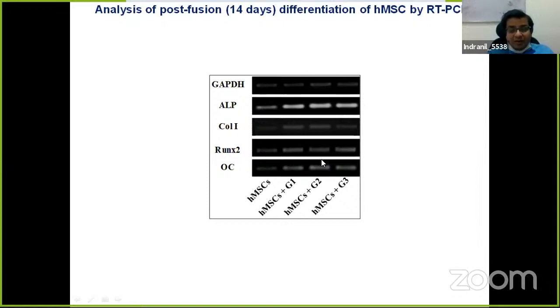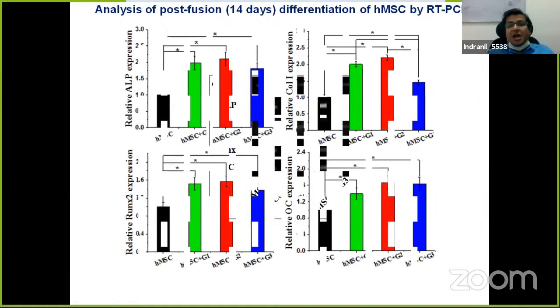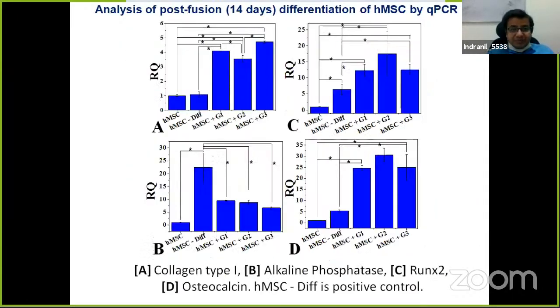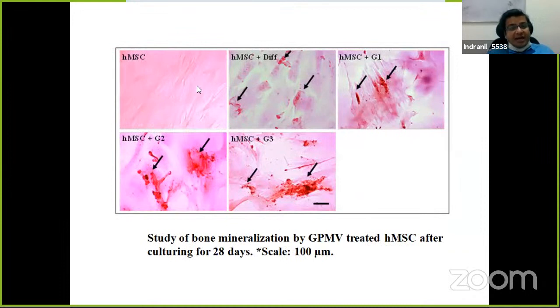Then we reconfirmed the same things with the help of qPCR, and finally we went for a long-term analysis. When we allowed these cells to grow for 28 days and checked what kind of mineralization was happening, we noticed a very good kind of mineralization.